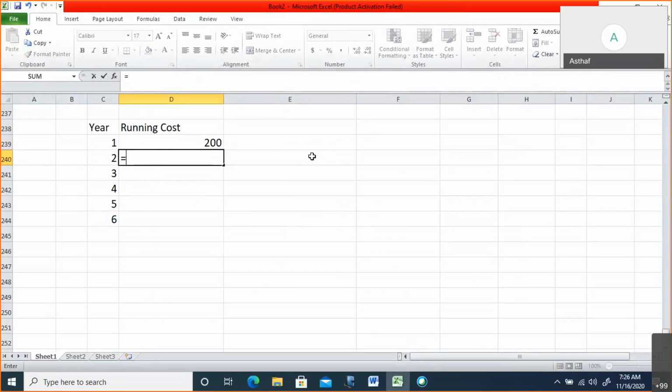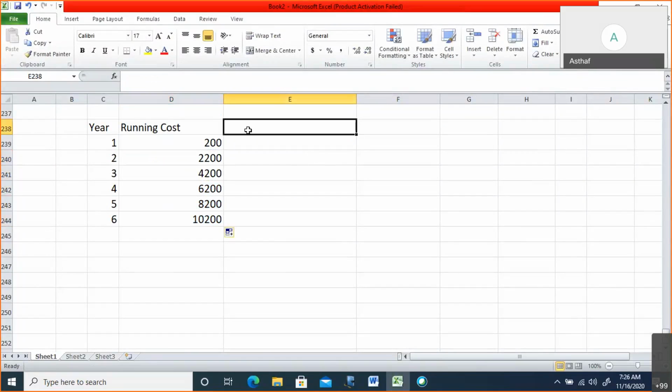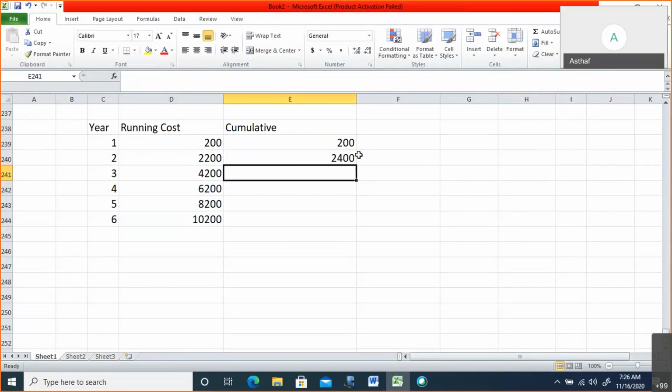That means 200 plus 2,000 will be 2,200. Again 2,000 will come. See, you got the answer. Now what we have to make is the cumulative. So how is the cumulative? See, look here.